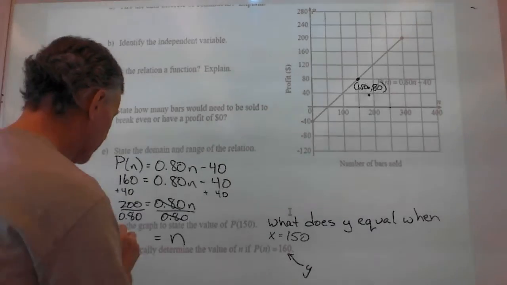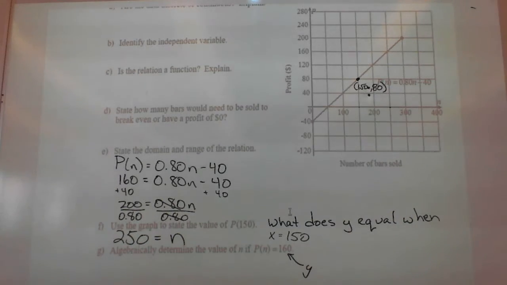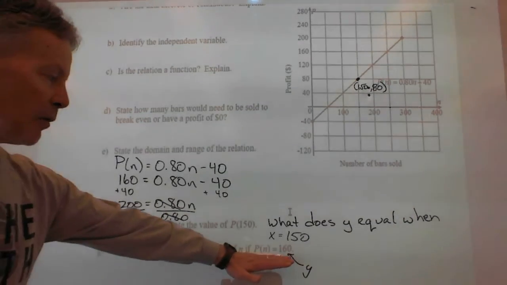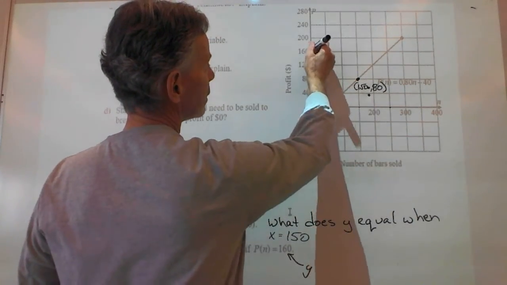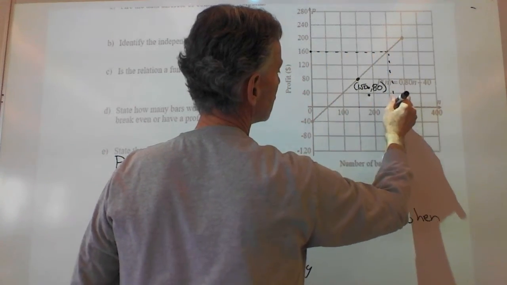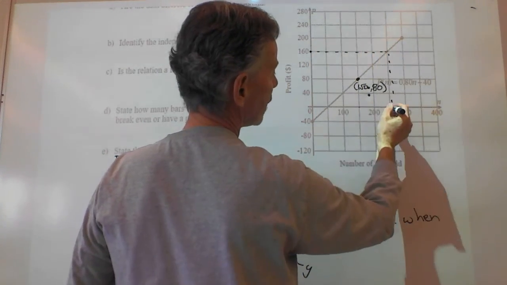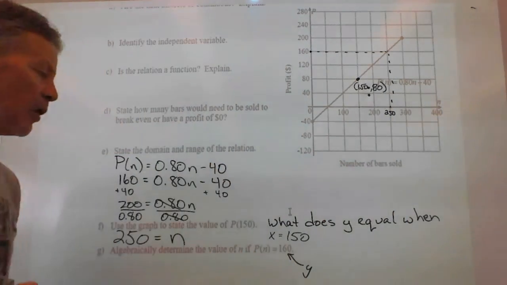Yep, 250 bars. We get there eventually. Okay? So, if you made a profit of 160, which is right here, how many bars would that be? You can interpolate, and that gives you 250 bars. Okay?